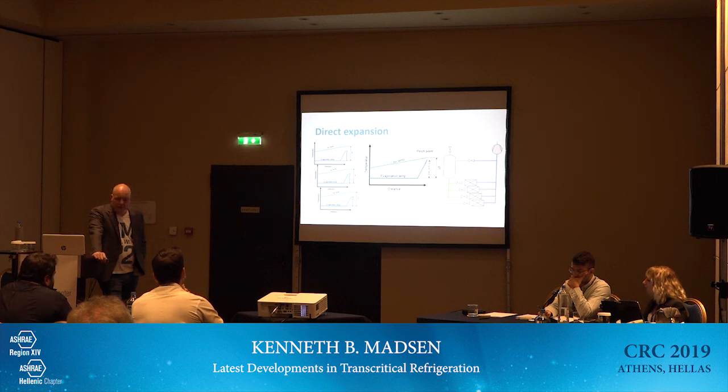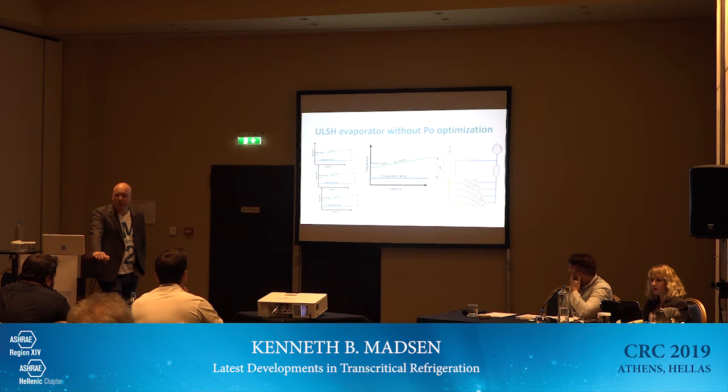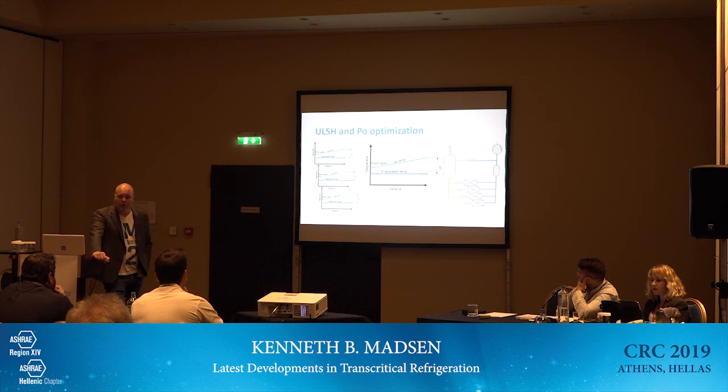If we can decrease the superheat, then we can move this lowest temperature difference to the other end of the evaporator. By moving it to the other end, we can run higher suction pressure because we have more temperature difference available. So then suddenly it looks like this. That's basically what ultra-low superheat is all about.